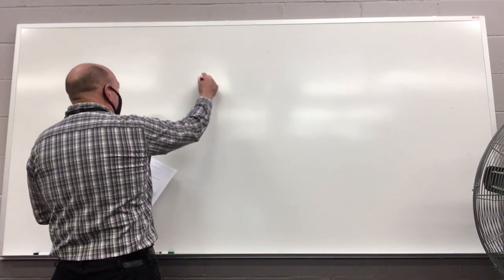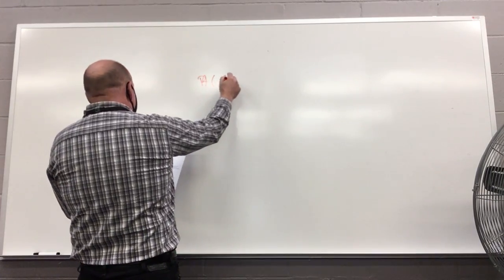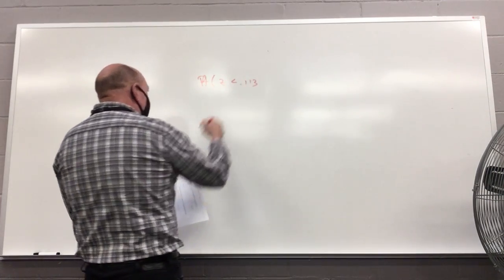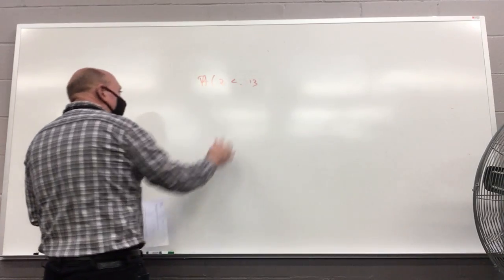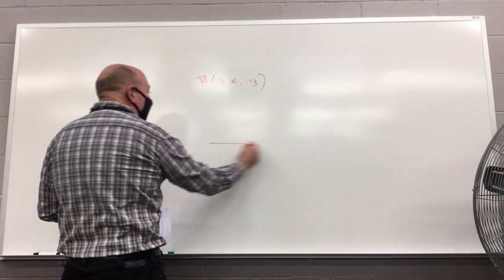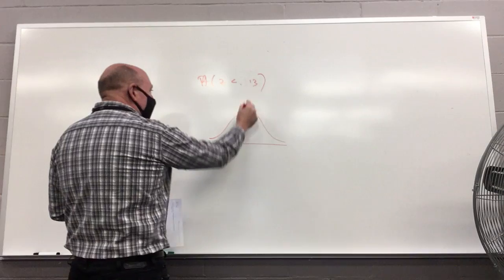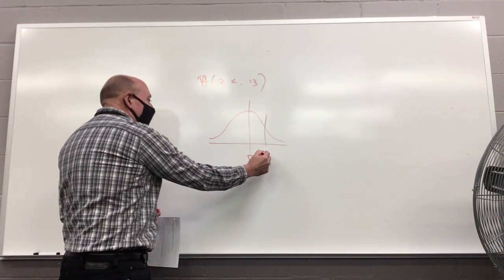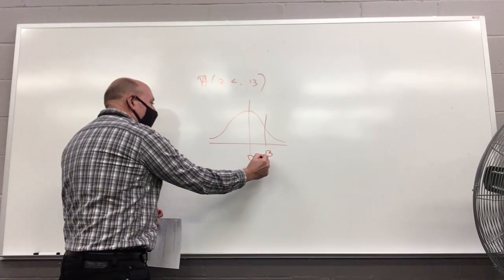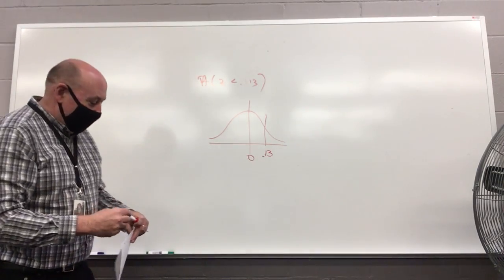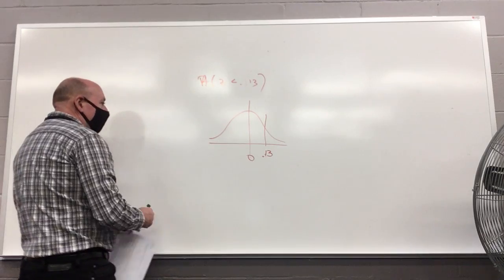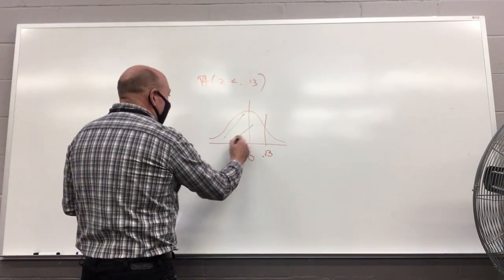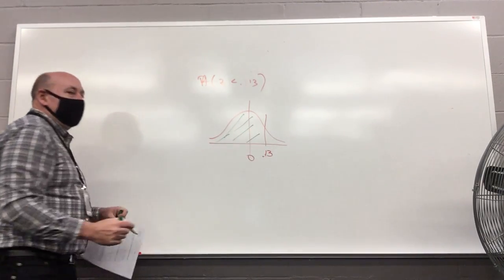We have the area for z that is less than 0.13. So we're doing our bell-shaped curve. We have our 0 there. Here's our 0.13. We want the area that's below this, which is this area right here.